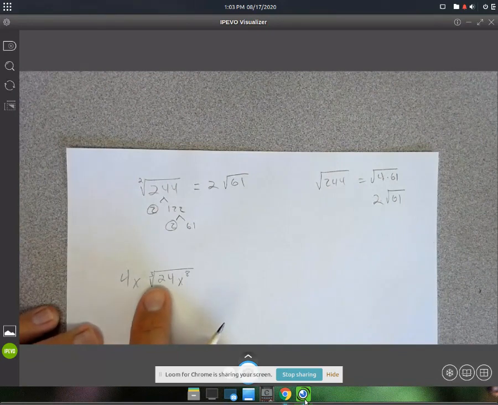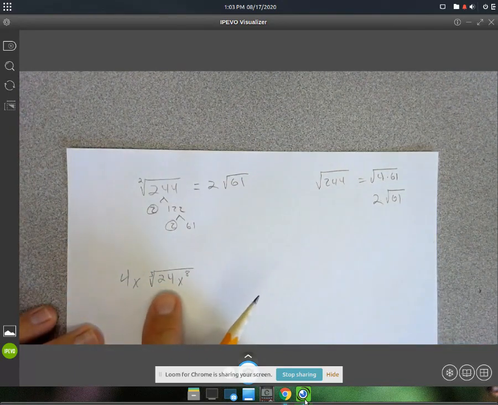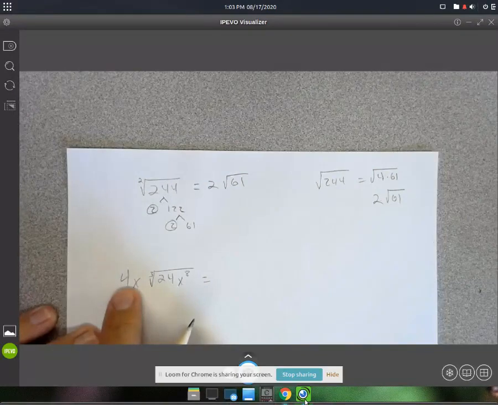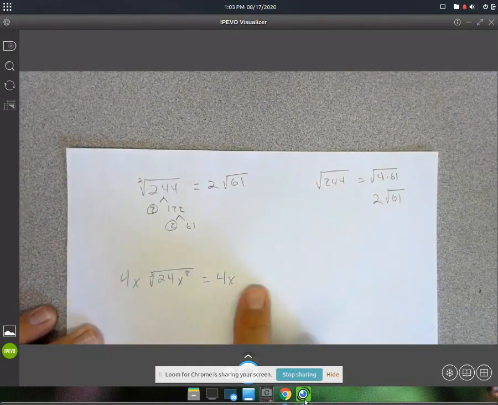This one is going to be a cube root. So instead of looking for pairs like we did here, we're actually looking for groups of 3. All right. So I know I can go ahead and pull the 4x out here. That can go ahead and go out front. 24, that's 8 times 3. And then 8 is a 2 times 4.